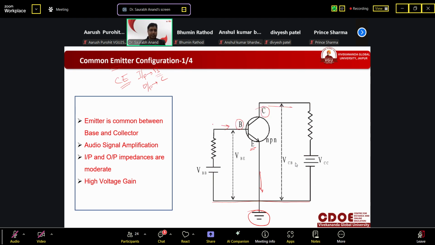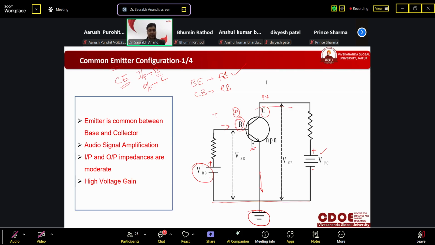How is this battery connected? Base emitter junction should be forward biased, collector base should be reverse biased. This is NPN, so the base is P type, which should be connected with positive. So this is forward bias, satisfied. The collector is N type and should be connected with positive to make it reverse biased. So it is.